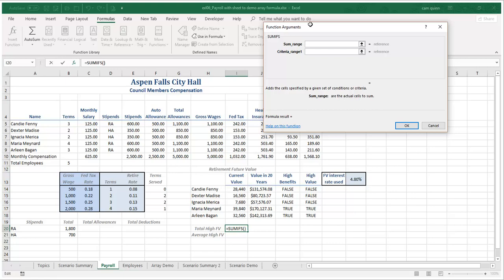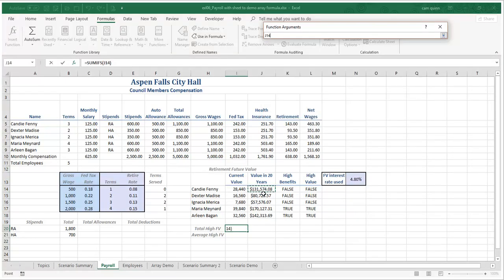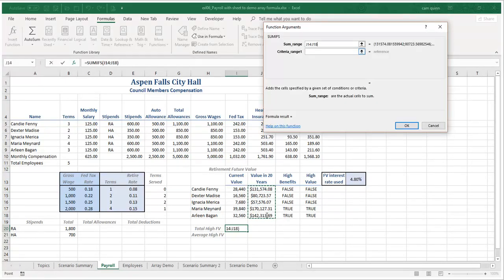And I'm not going to be copying this anywhere, so I'm not going to have to worry about absolute references. My criteria range is I'm looking in here, and what I'm looking for is greater than 30,000. My second criteria, I'm looking in here, and I'm looking for the word true.